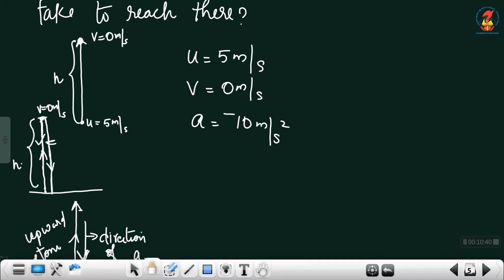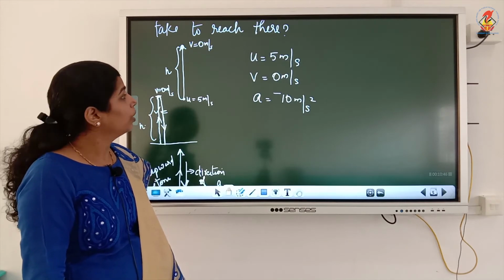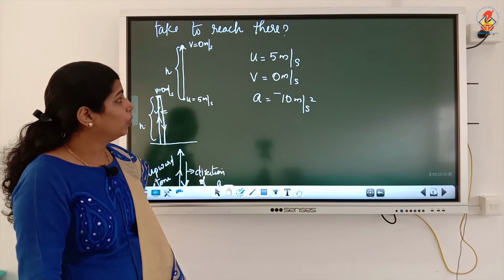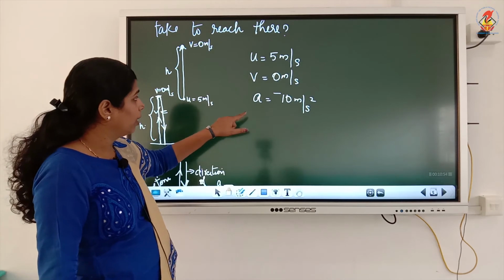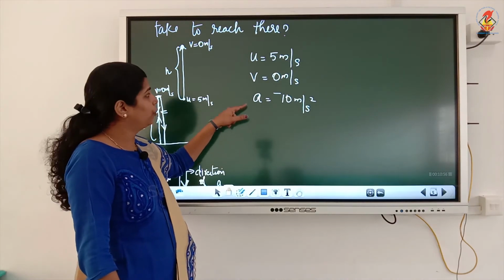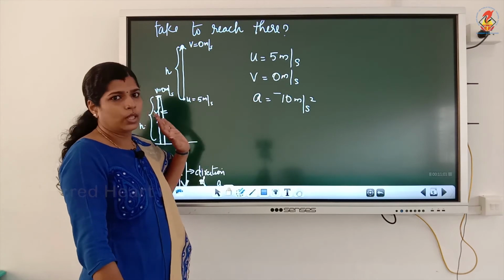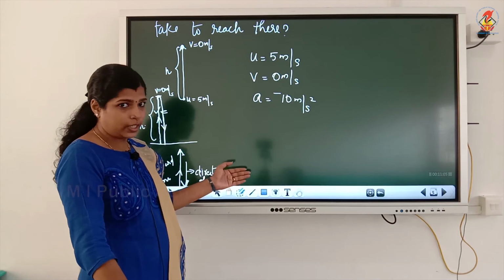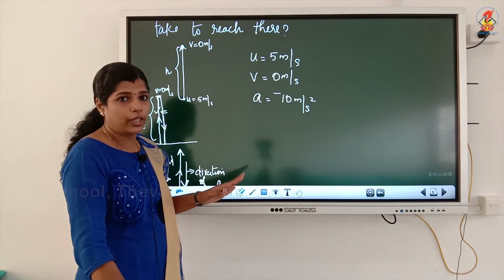So, can we use S is equal to ut plus half at square? No. Here time is not given, so you can't use it directly. But if you calculate the time first, then you can use that equation.